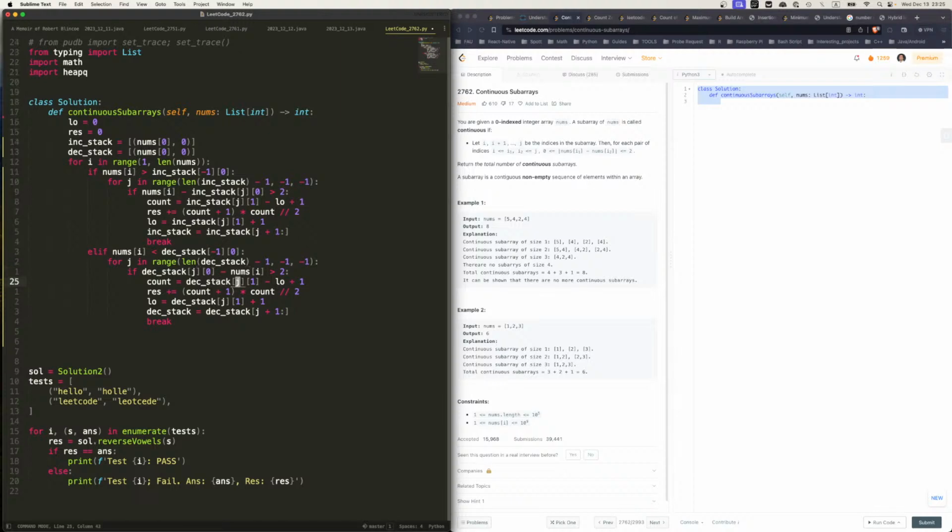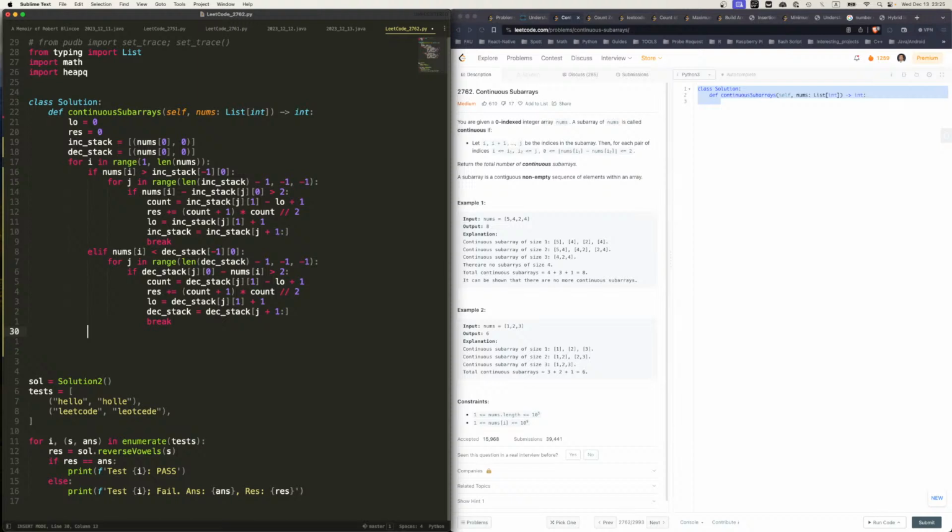is decreasing[j][1] minus low plus 1. Res for this. Low goes to decreasing stack j plus 1. Decreasing stack will be this. So basically we do these two, and after that we update the stacks.